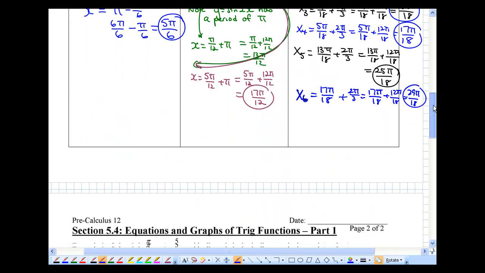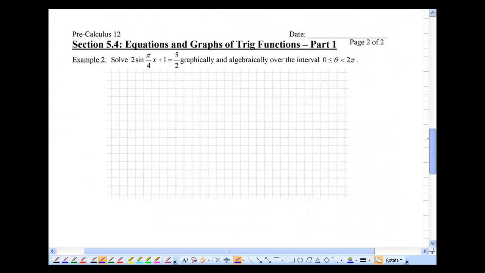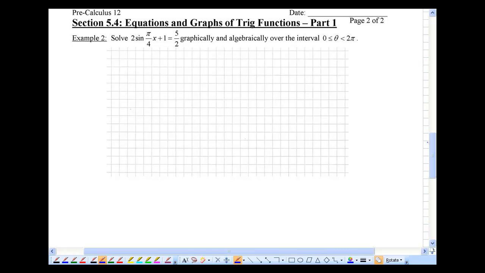Okay. I'm going to ask you to turn the page, and I got one more example for you, number 2. I'd like you to solve this one graphically and algebraically over the interval. So I'd like you to do the graphic one first. Once again, this is just a review of the beginning parts of chapter 5. When you graph this out, my suggestion is to separate this into two things.